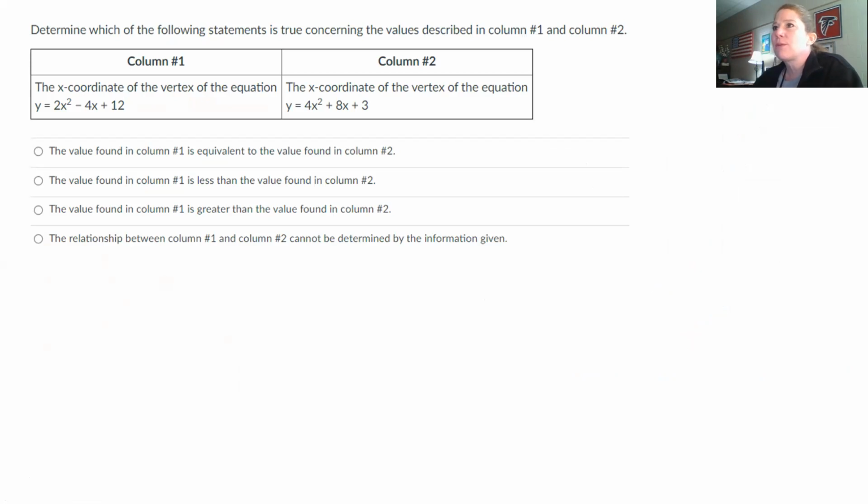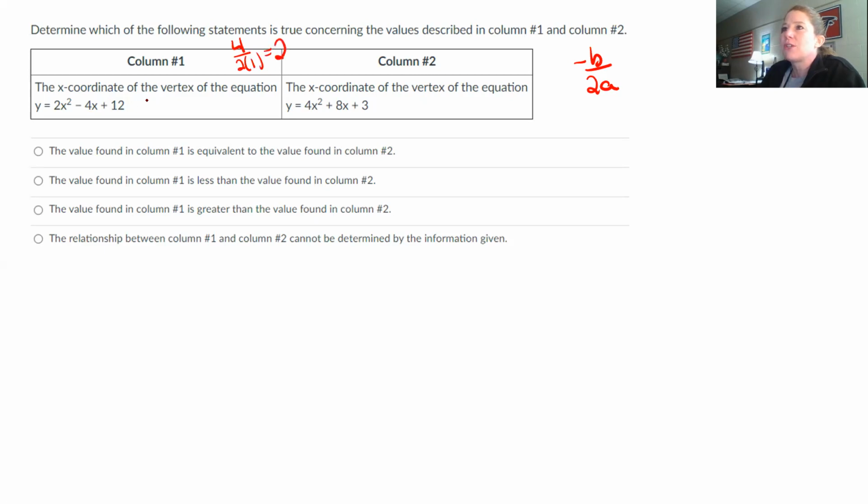All right, so here's one of the questions that you'll have. It says, determine which of the following statements is true concerning the values described in column 1 and column 2. So it gives you 2 different quadratics, and it asks for the x coordinate of the vertex. So we can quickly find that. We can find the x value of the vertex by using this. So for column 1, the opposite of 4 is 4, and 4 divided by 2 times 1 is 2.